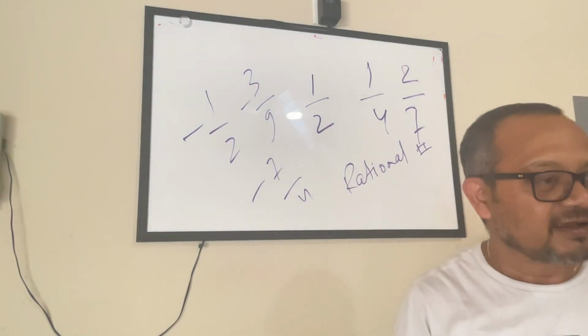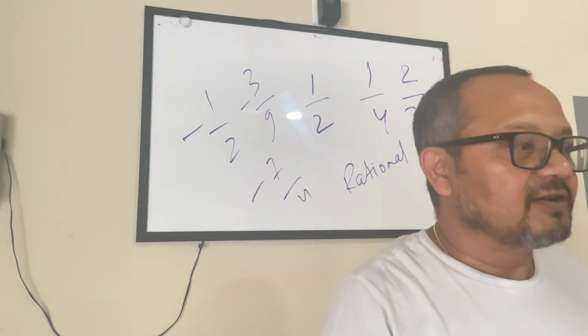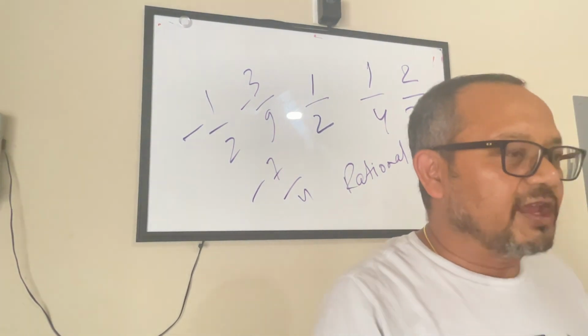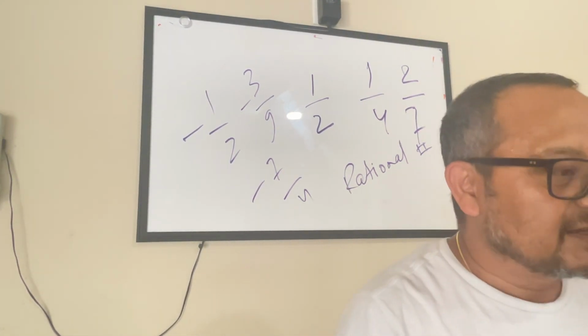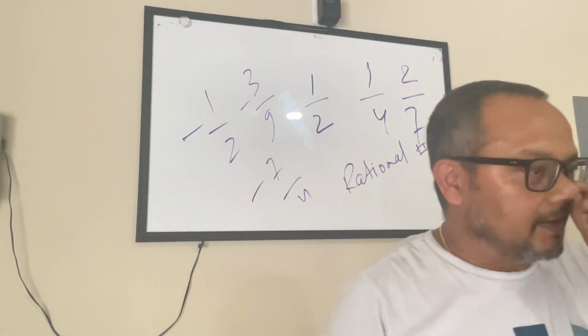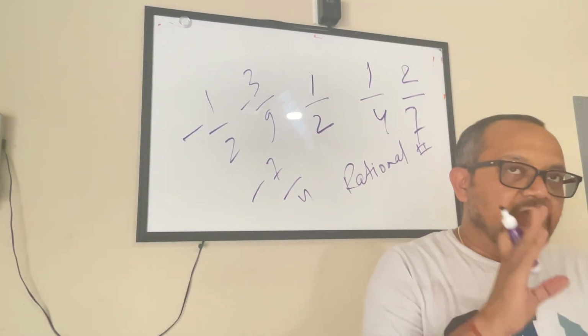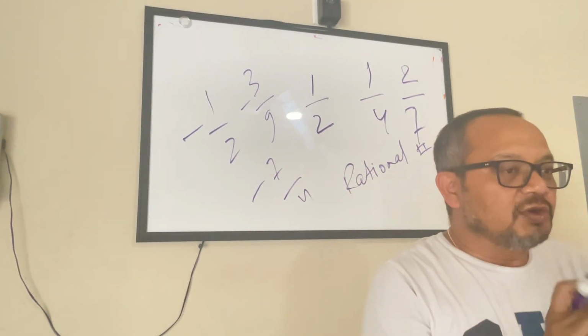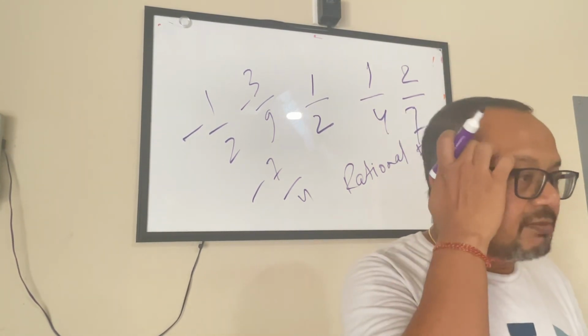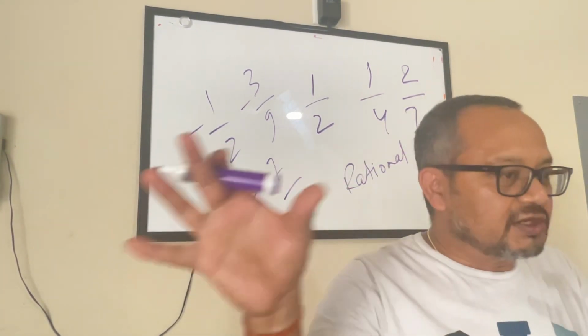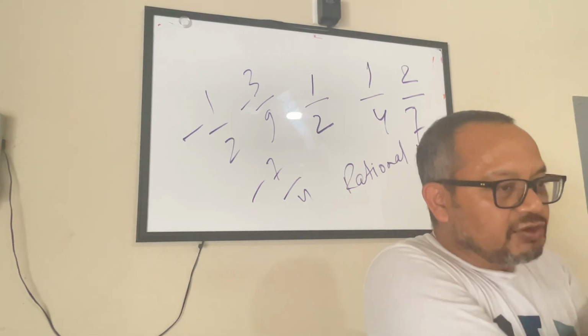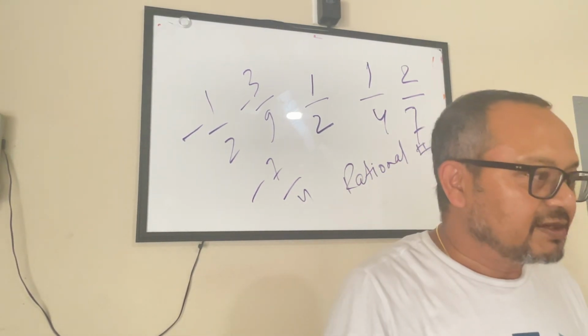Like, okay, I think somebody went missing, came back again. Okay, fine, I will just check. So, like we know, natural numbers and whole numbers are only 0 and positives, and if you add negatives to it, that makes it integers, right?